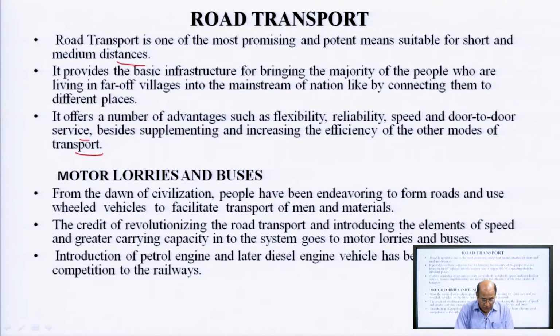The credit of revolutionizing road transport and introducing the element of speed and a greater carrying capacity into the system goes to motor lorry and buses. Introduction of petrol engine and later diesel engine vehicles have been offering a good competition to the railways.